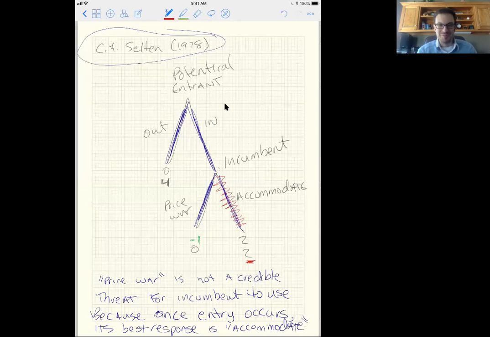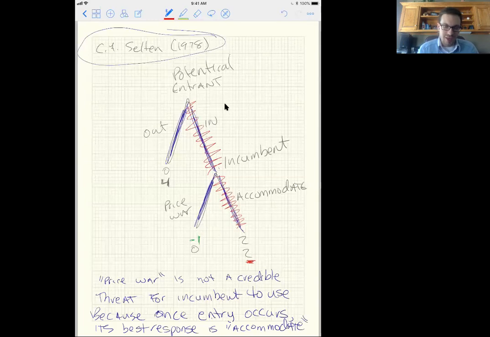That's a problem, because if we can figure this out, the entrant can figure this out. So the entrant realizes, hey, if I come into this game, I'm considering the payoff of 2 versus the payoff of 0, and I don't even have to worry about the payoff of -1 because it's not going to happen. So what's the entrant going to do? They're for sure going to come in.